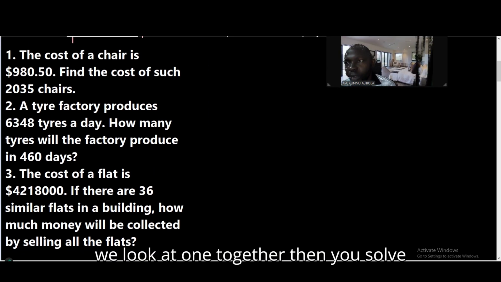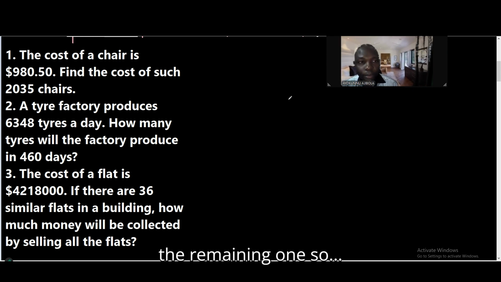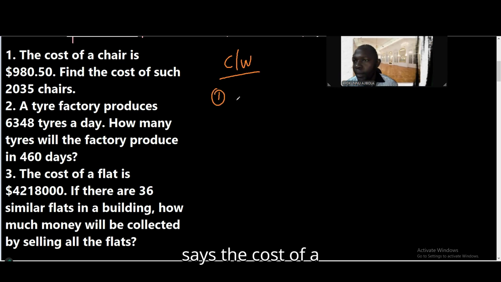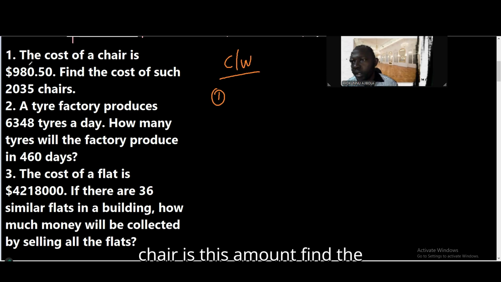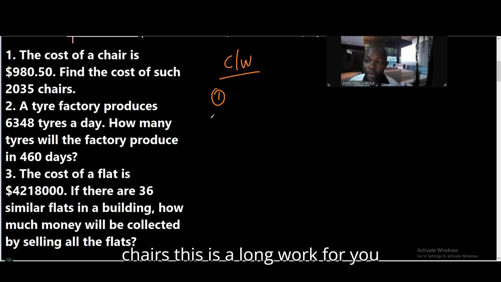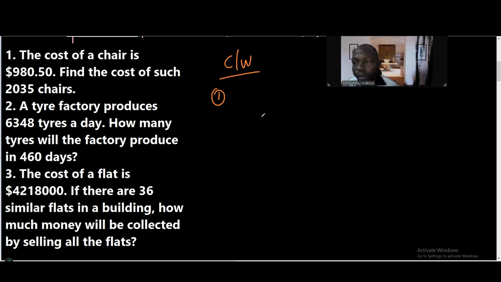We look at one together, then you solve the remaining one. So let's work. Number 1 says the cost of a chair is this amount. Find the cost of 2035 chairs. This is a long work for you.